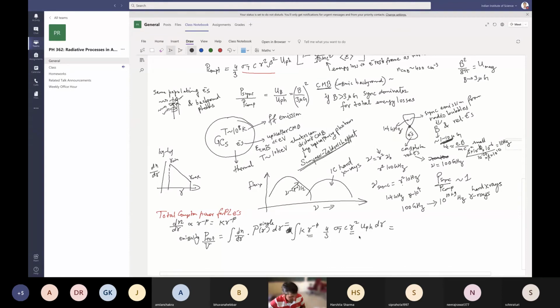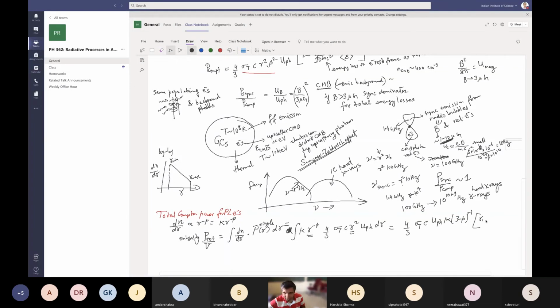Everything else comes out of the integral, and what we have is 4/3 sigma T c u_ph, times this constant 1 over 3 minus p. This is actually extremely simple, right?